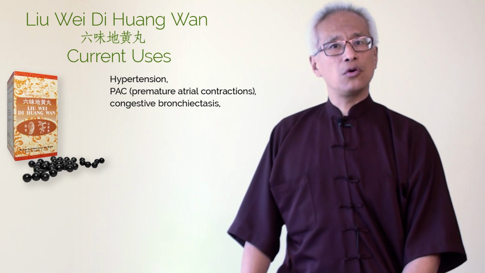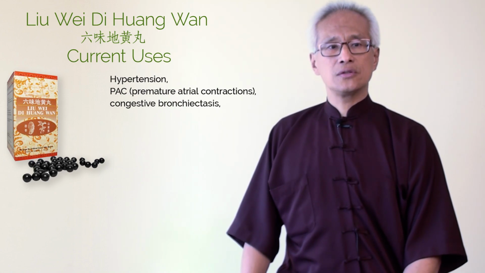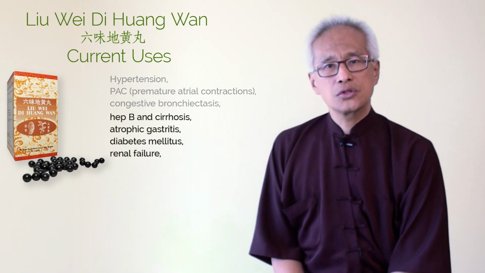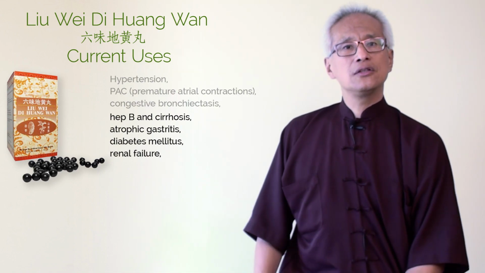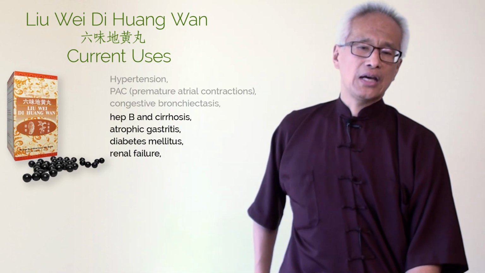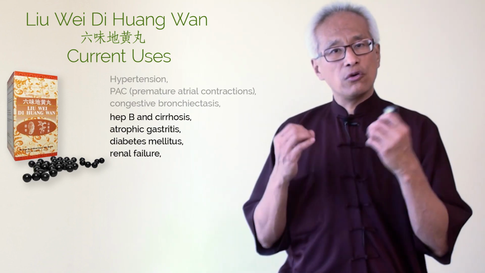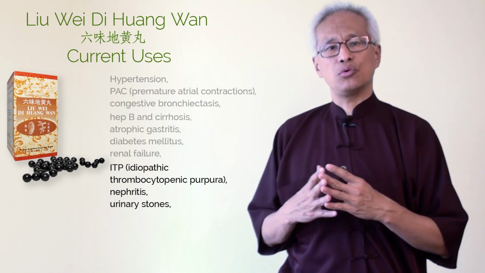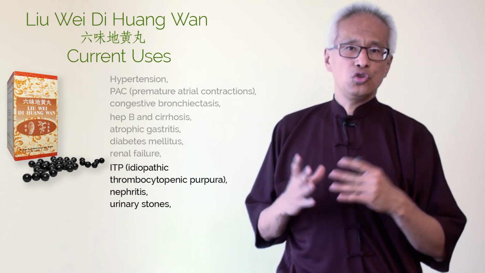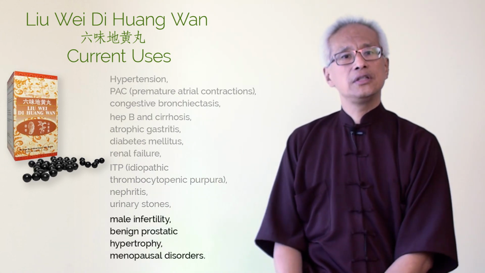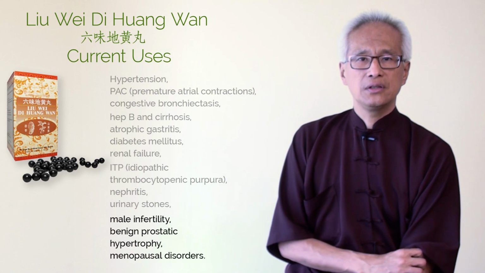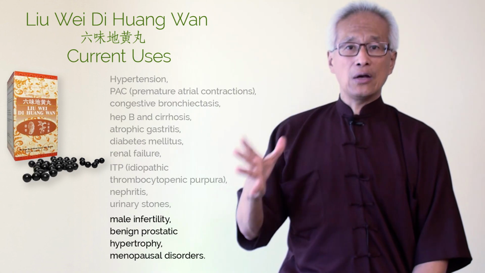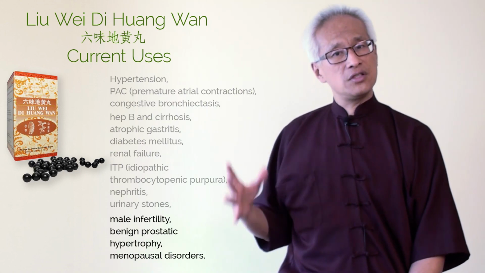It is used to treat premature atrial contractions, congestive bronchiectasis, hepatitis B and cirrhosis, atrophic gastritis, DM, diabetes mellitus, renal failures, ITP, idiopathic thrombocytopenic purpura, nephritis, urinary stones, male infertility, benign prostatic hypertrophy, and menopausal disorders. So you can see it's been thoroughly researched on what it can be applied to. So quite a bit of diseases.